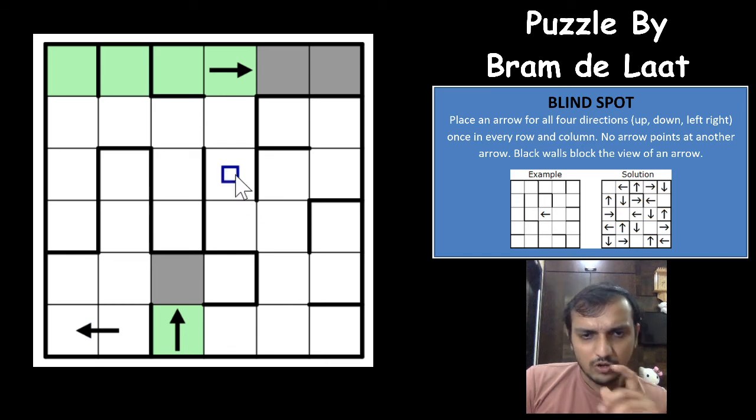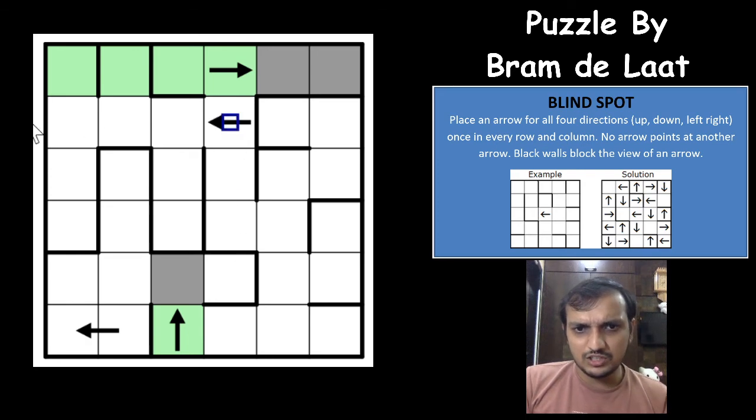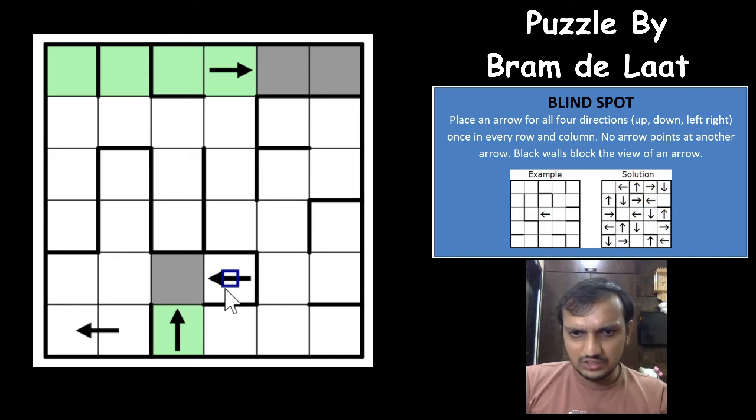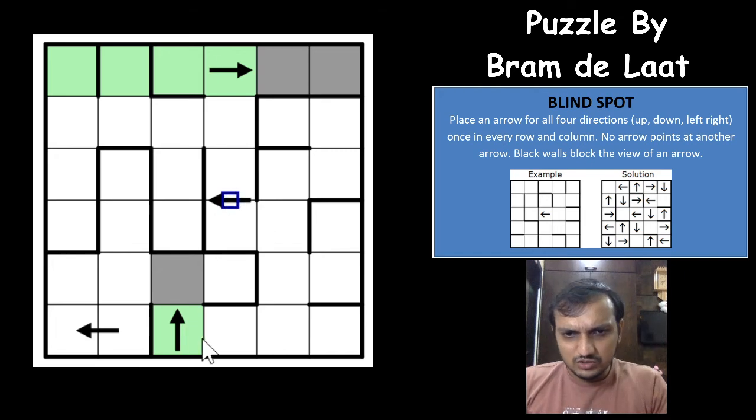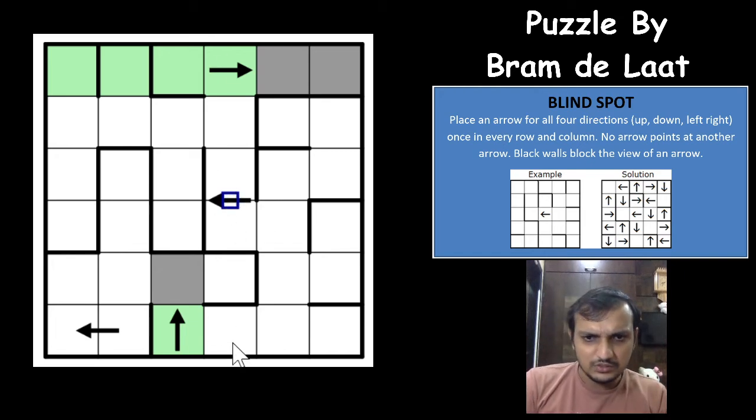Left arrow in this column can never be here because you'll have three cells eliminated. It cannot be here because you'll still have three cells eliminated, and it cannot be here because you'll have pointing towards an arrow. So left arrow in this column will have to be in one of these two cells.